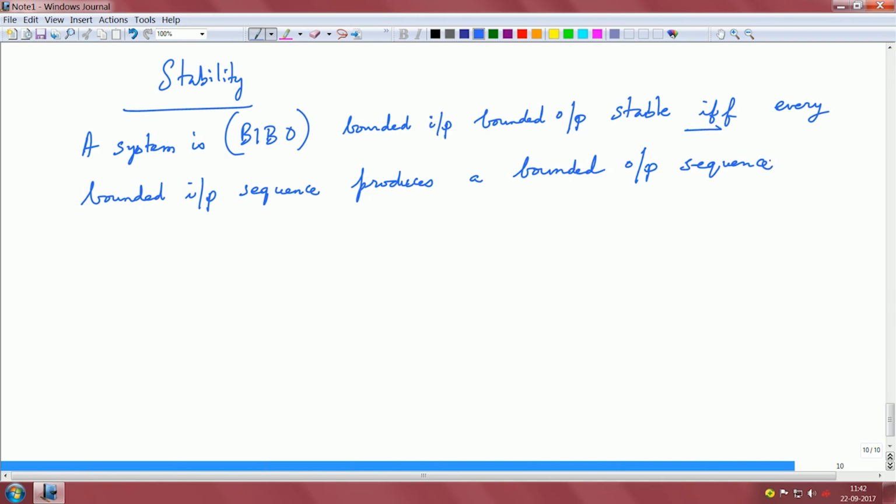So, what does this mean? If every bounded input sequence produces a bounded output sequence, then it is called BIBO stable.